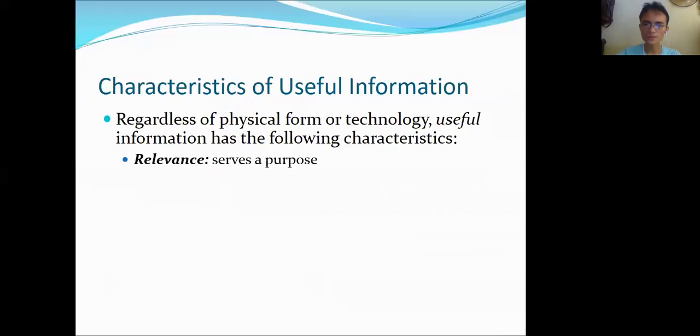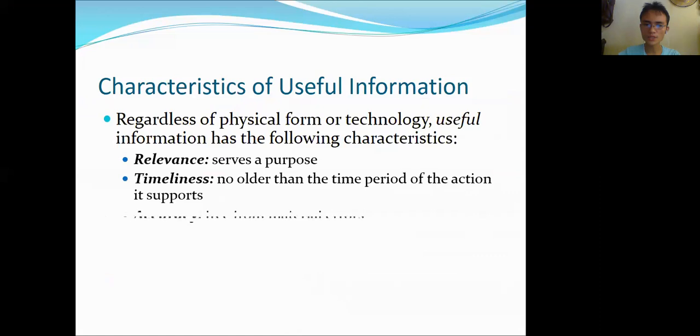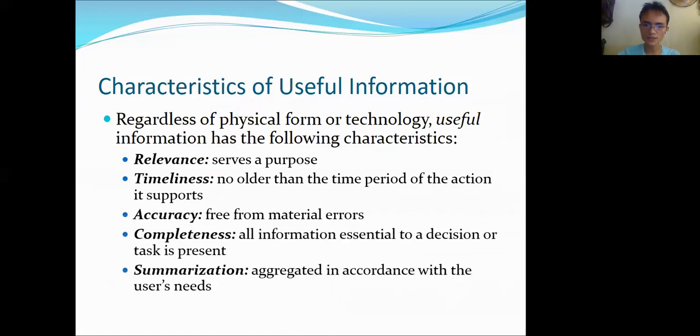For information to be considered useful, it should have the following characteristics. Now, these characteristics have been known by you even in other accounting subjects or perhaps management subjects. If we talk about relevance, it serves a purpose. It creates a difference as to the decision making of the users of information.